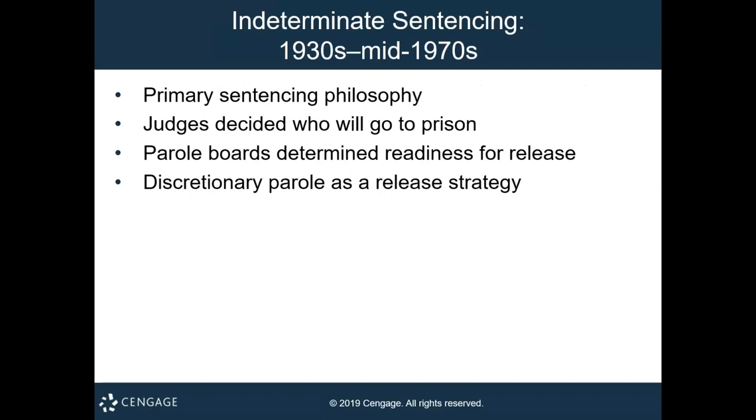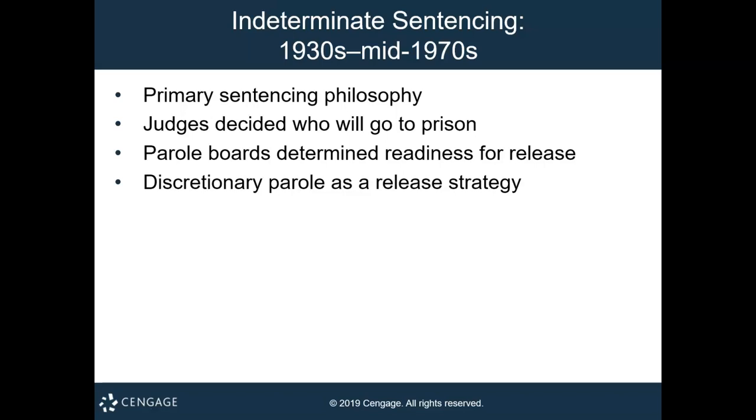We're going to talk about different styles of sentencing. First, we're going to start with indeterminate sentencing. Indeterminate sentencing was the primary model between 1930 and the mid-1970s. It's a range of time that an offender will spend in custody.